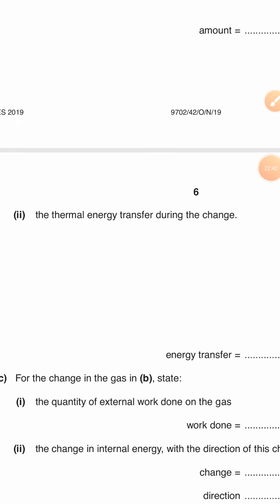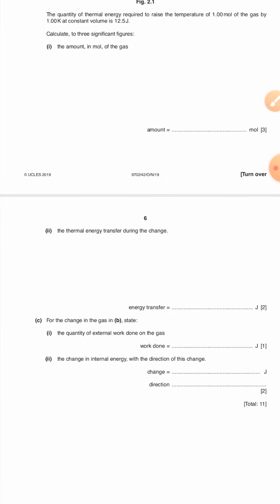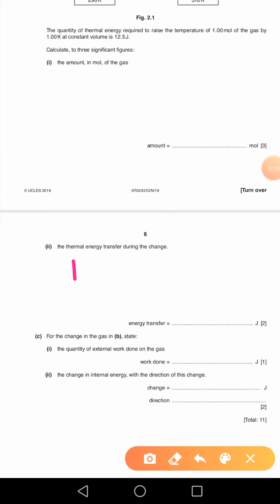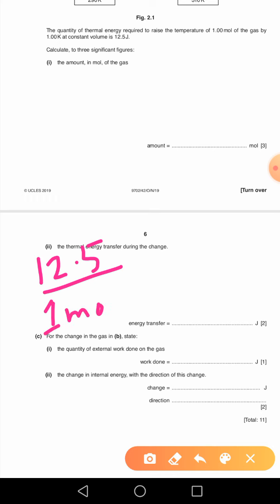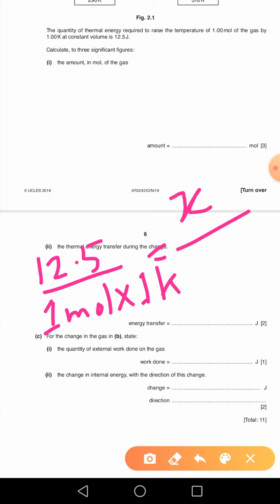So our next question: calculate the thermal energy transfer during the change. Okay, so what was the constant we had? We had the constant 12.5. Let me rub it. 12.5 for 1 mole for 1 Kelvin. Okay, but we don't know the amount of heat supplied here, but the number of mole is 0.35 and temperature change is 20 Kelvin, isn't it?